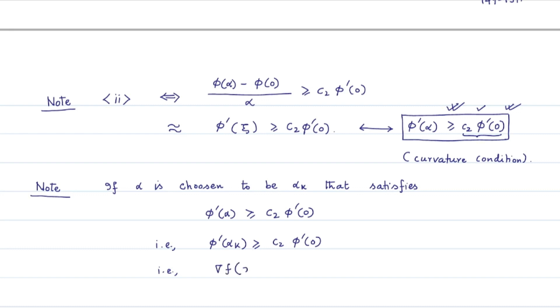gradient of f at xk plus alpha k dk, transpose dk, greater than or equal to C2 times gradient of f xk transpose dk.